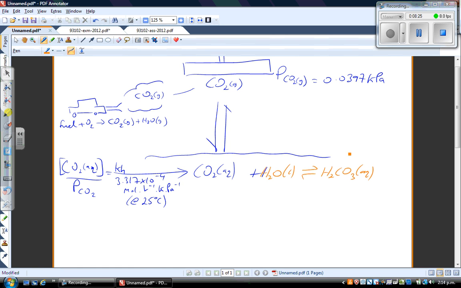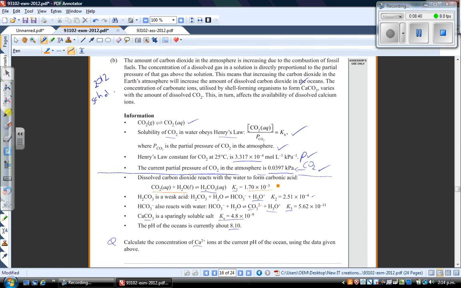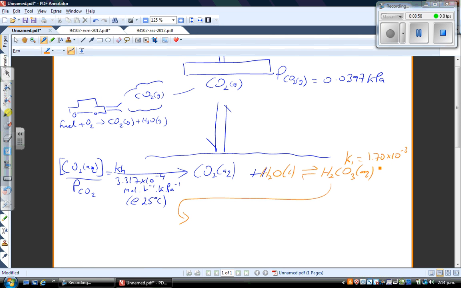The equilibrium constant for that, which they just call K1, is 1.70 by 10 to the minus 3, which is unitless. If we go back to the question, we've accounted for the first equation there. The CO2 reacts with water to form carbonic acid. K1 is 1.70 by 10 to the minus 3, so we better include that. We have it, okay, 1.70 by 10 to the minus 3.